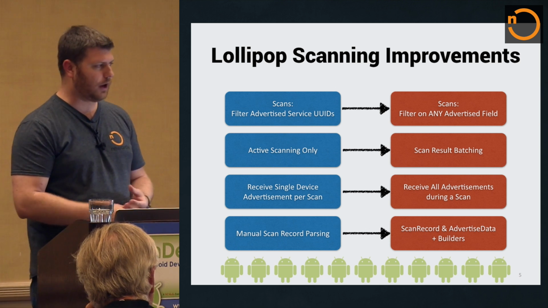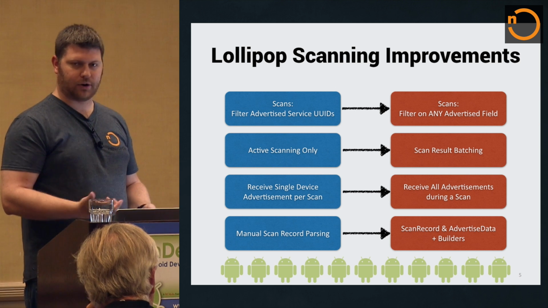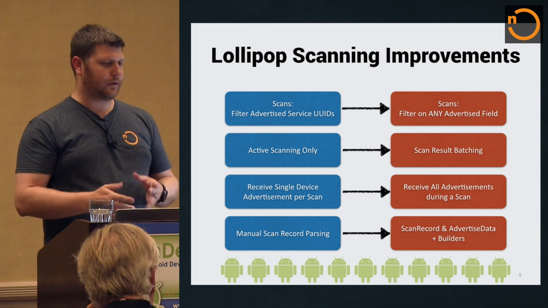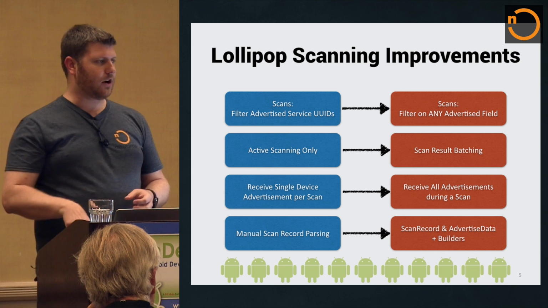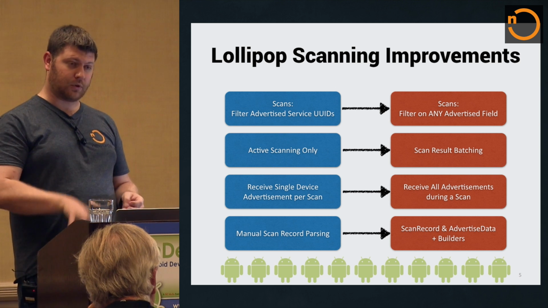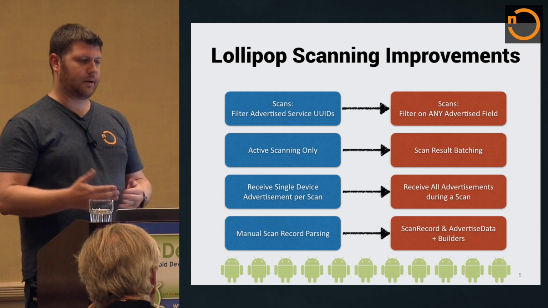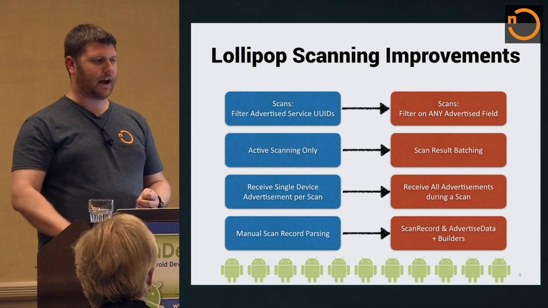Batching of scan results is another really big one. This goes to the power consideration. With the filtration and the batching together, these are actually sent down to the hardware abstraction layer, so that the scan filtering and the ability to batch multiple scans together is handled by the hardware.